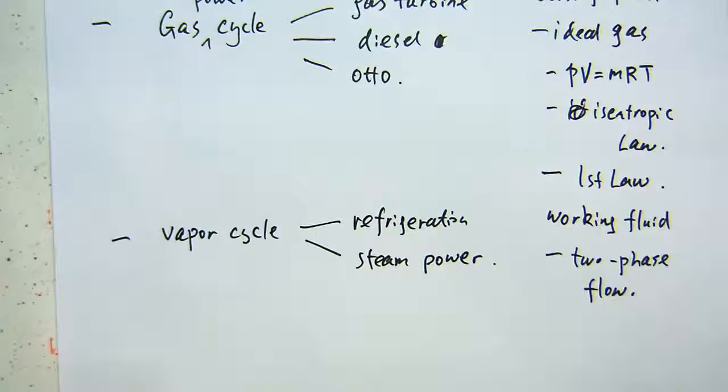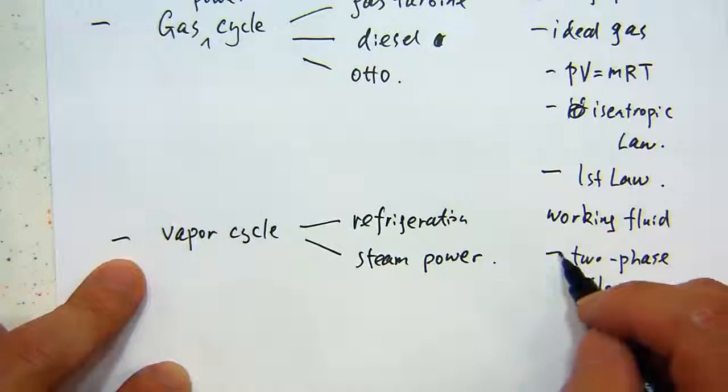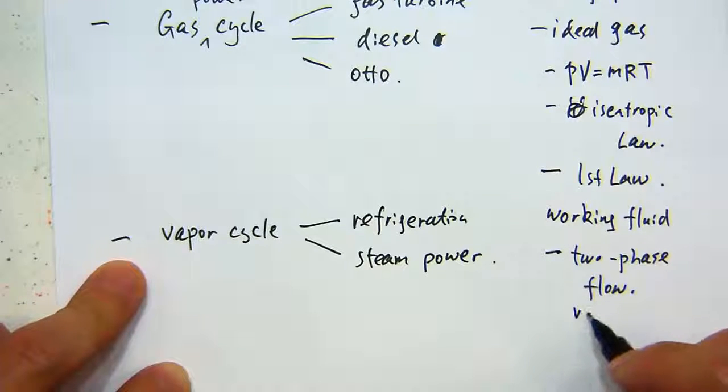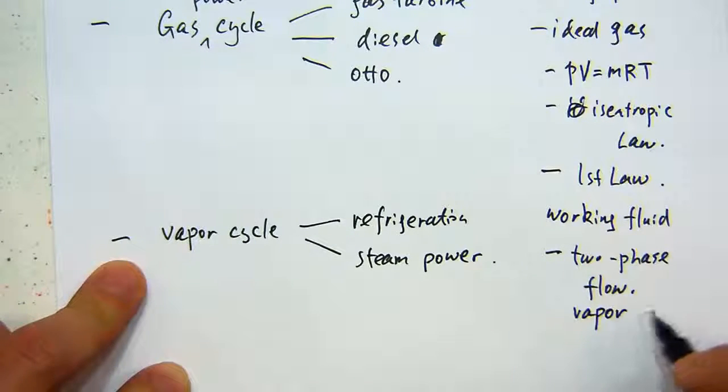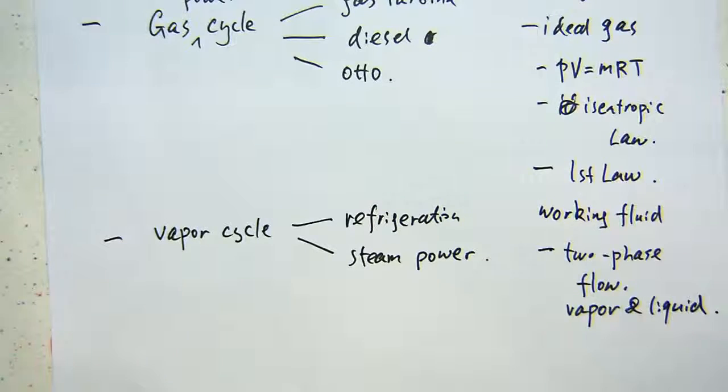Certainly, the two phase is a vapor and a liquid, right? And for the vapor and liquid, they can coexist in the process, or they can exist as a single phase there.